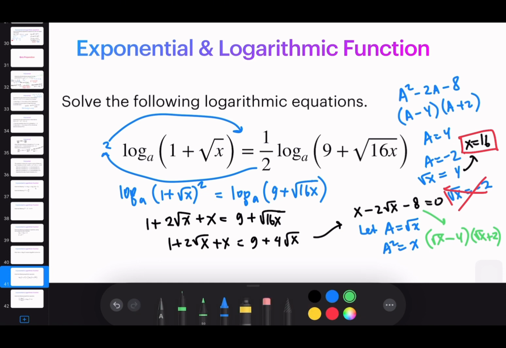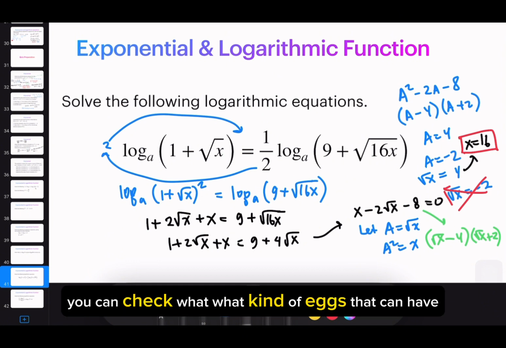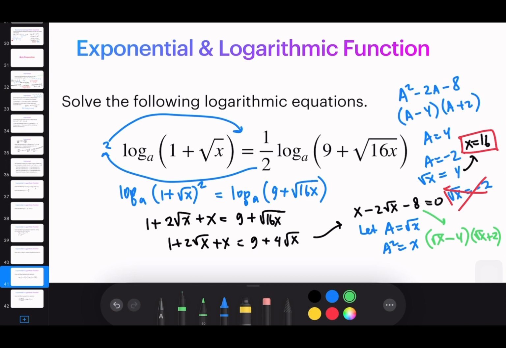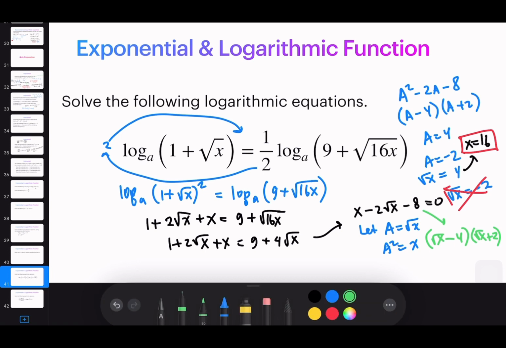Yes. What's root x equal? We just do the check. You can check what kind of x can give negative 2. Okay. If you square both sides, of course it will not help. Yeah. Right?